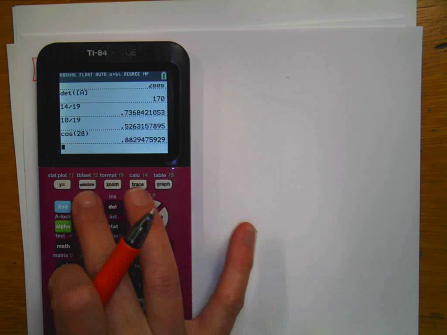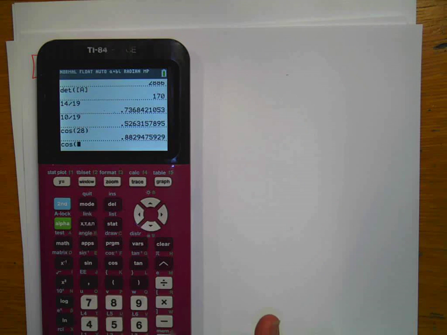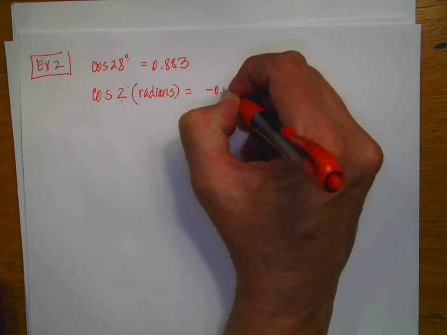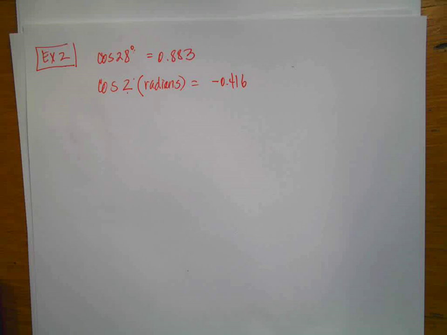So to do the cosine of 2 radians, I go back to my mode button, put my calculator in radians, and I do the cosine of 2 and hit enter. Notice that you get a negative 0.416. Also pay attention that we always write down 3 decimal places.